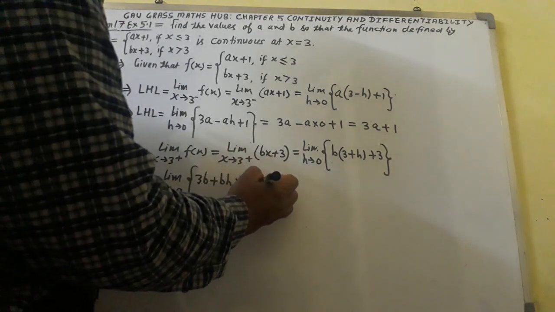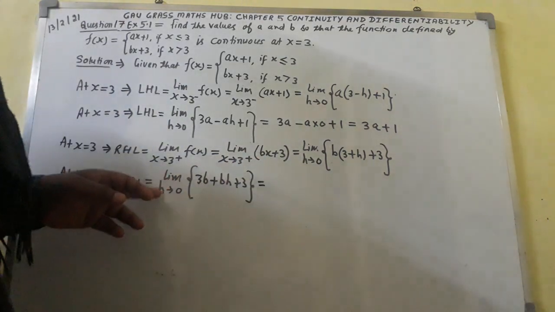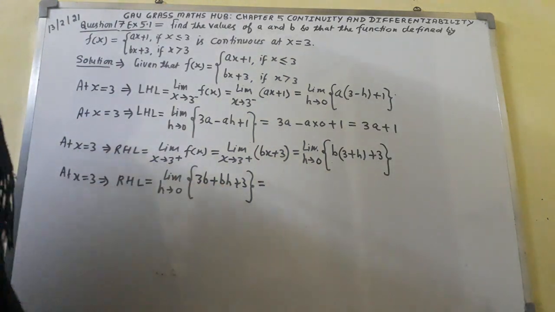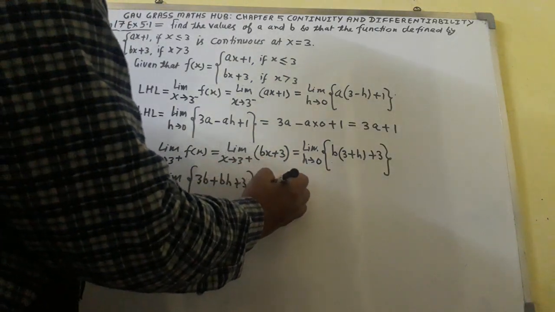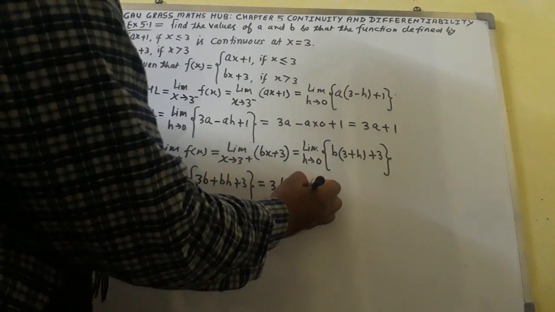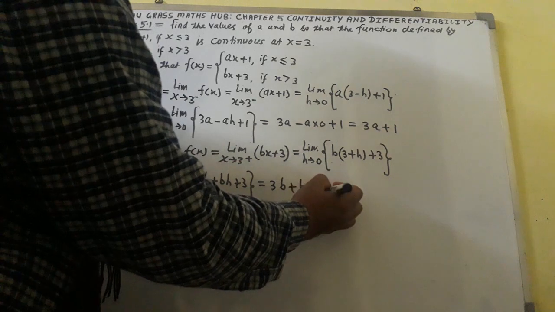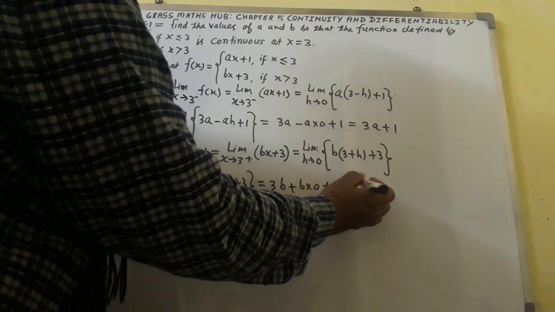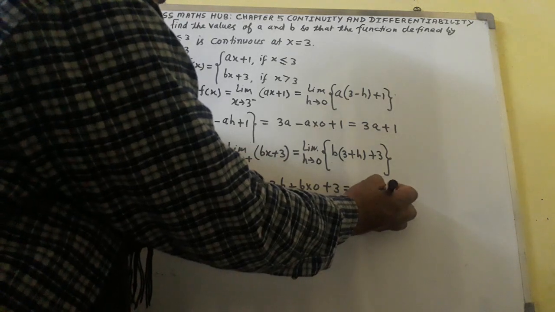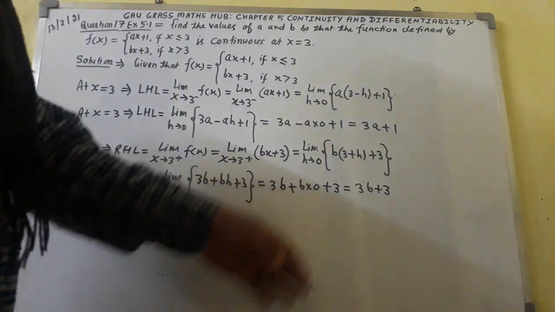Lim h tends 0 will be removed and we put h equal to 0. So here it comes out to be 3b plus b into 0 plus 3, which is 3b plus 3. This thing you have got.